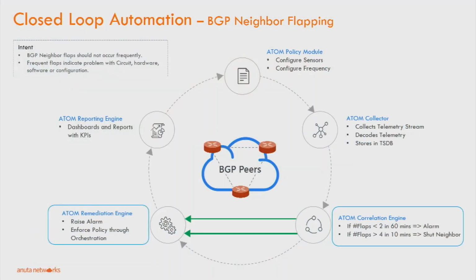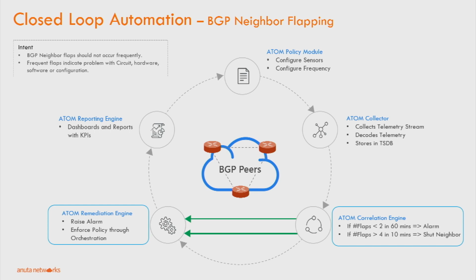And this is one of the closed loop automation use cases, BGP neighbor flapping. What Atom does is, Atom enables administrators to define the policy and then start collecting the telemetry or syslog and SNMP data and correlate using our automation engine.